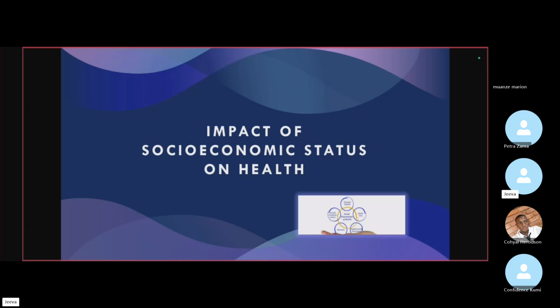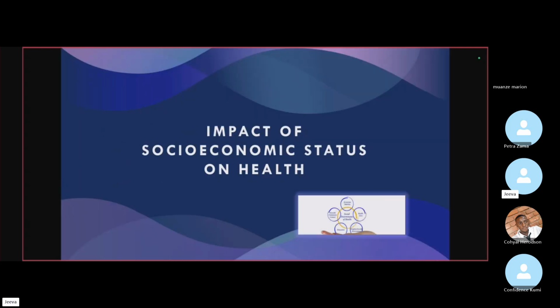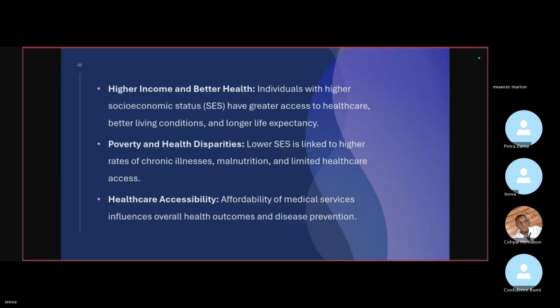Okay. Now we'll see one by one in detail, like what is the impact of socio-economic status on health? Now we are going to see all these topics one by one. For the first one, how does socio-economic status have an impact on health? Higher income means better health, that is, individuals with higher socio-economic status have greater access to the healthcare system, better living conditions, and a longer life expectancy.